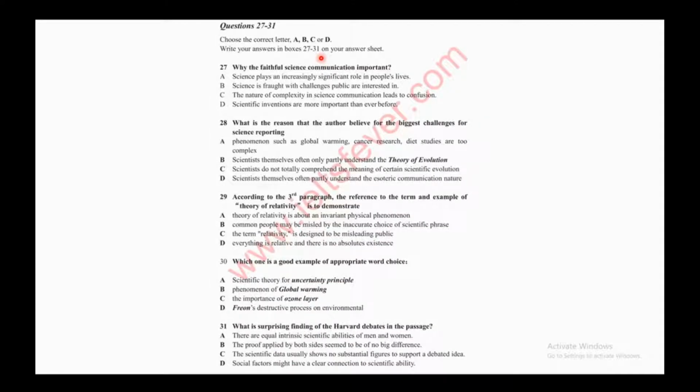These are the questions that you need to answer after reading the paragraph.